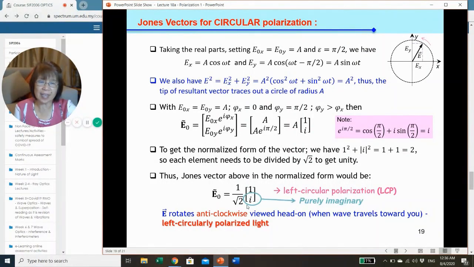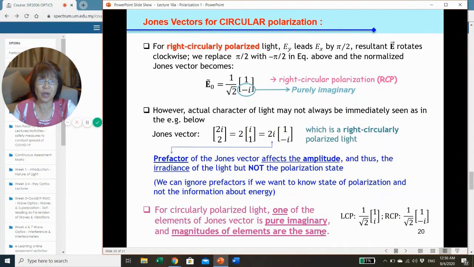And you find that this term here has a pure imaginary expression. Just now, for linear polarization, both of these must be real numbers. For circular polarization, the second element is imaginary.